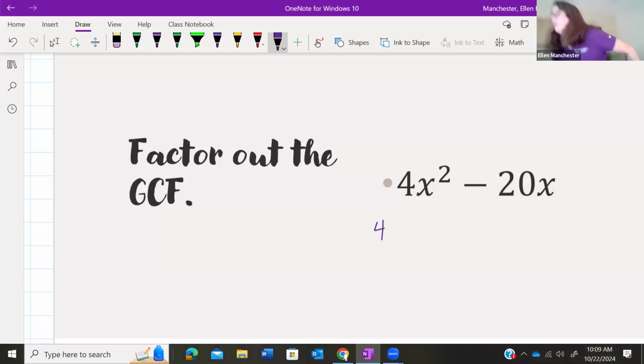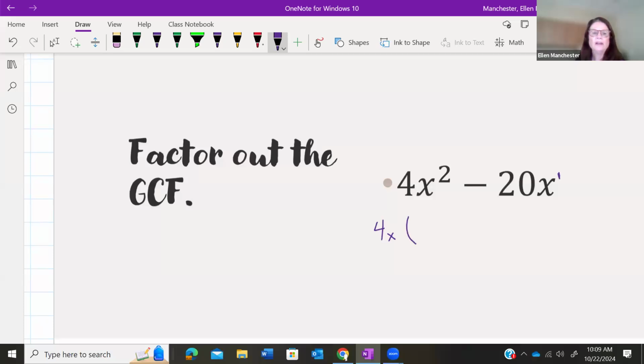And then notice the variable. So you have x squared and you have x. So the idea behind greatest common factor is you take the highest number, the coefficient, and you take the lowest exponent. So on the variables, you look for the lowest exponent. So remember, there's a 1 there.